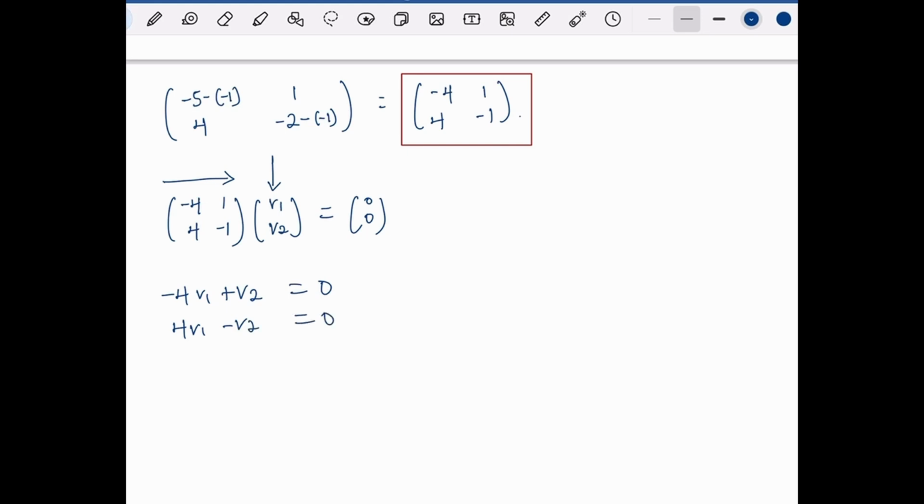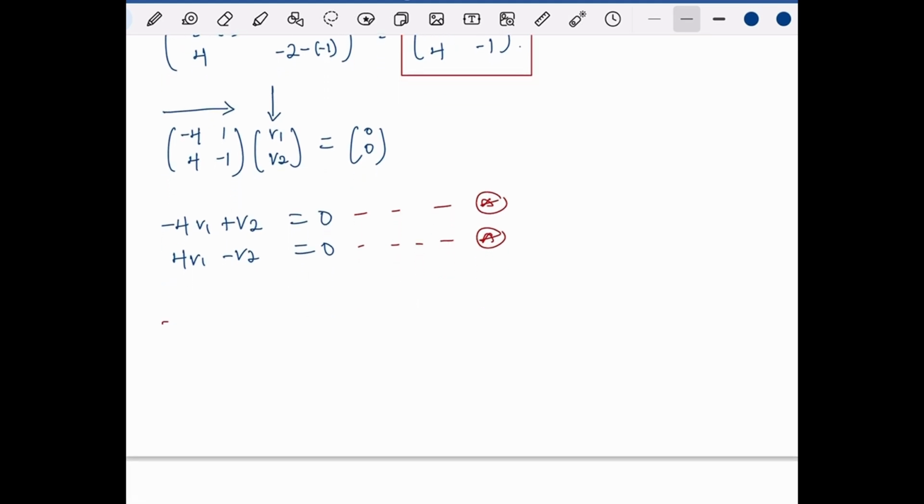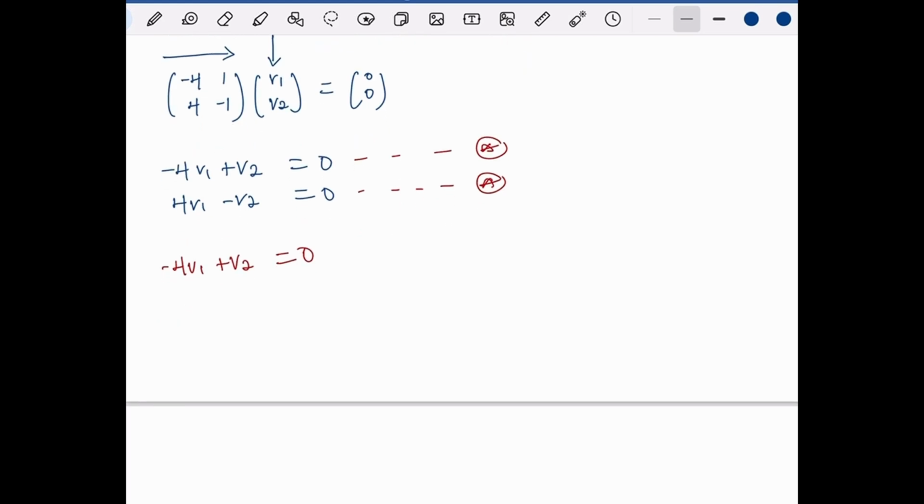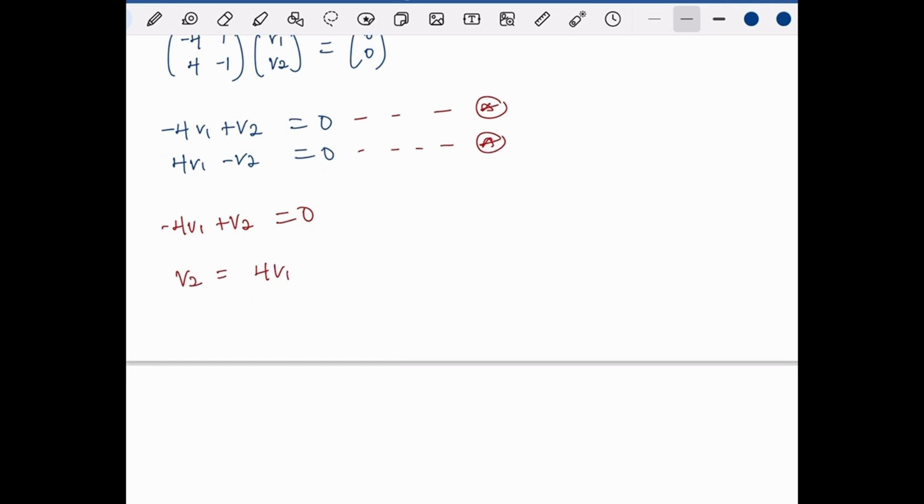Now, as you can see, these two expressions are linearly dependent, right? So we just pick one, then we solve. Let's pick the first equation and solve for v2. v2 will be giving us 4v1. Good. So here we know the value for v2 in terms of v1, but v1 is unknown.